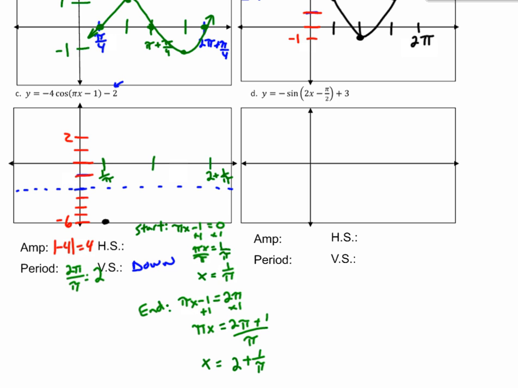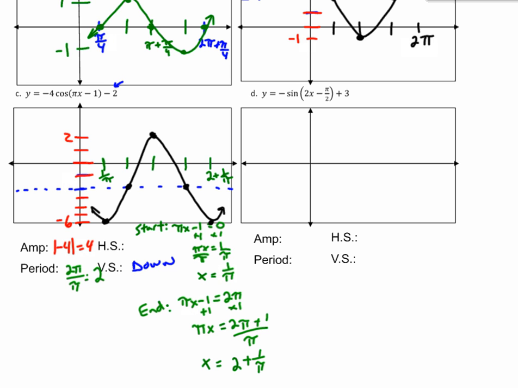I've got halfway, halfway, and halfway. This is going to come and cross my midline, come up to the top of the amplitude, cross my midline, and then come to the bottom. Okay, so this graph looks like this. Goes up, and comes back down. And we've got a nice upside down V slash a nice wonderful mountain.